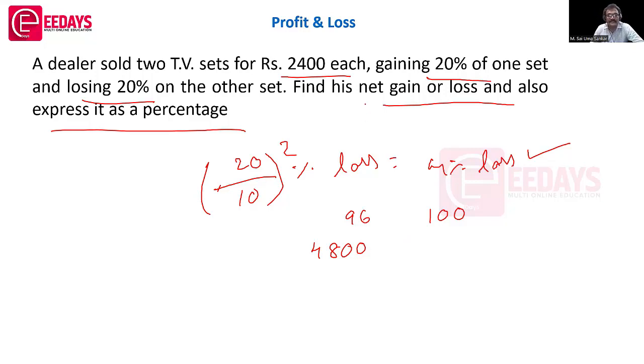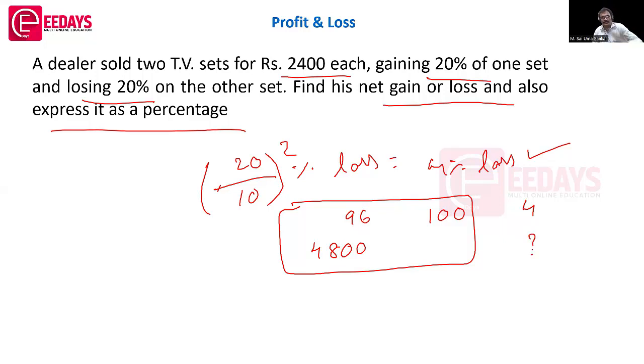ఇప్పుడు మనకు కావాల్సింది ఏంటి? Find his net gain or loss. ఇది కూడా మనకు అవసరం లేదు. యాక్చువల్గా డైరెక్ట్గా ఇక్కడ మనకి 4 ఎంత అవుతుందో మనం క్యాలిక్యులేట్ చేయొచ్చు. సో 4 అయితే ఎంత అవుతుంది? 96కి 4800 అయితే 4కి అయితే ఎంత అవుతుంది? No need to calculate the cost price. ఇక్కడ ఏంటి? మనకి 96 నుంచి ఇదేంటి? దట్ ఈస్ ఈక్వల్ టు how much, into 50, or not? 96 into 50, and then 96 into 5 is 480, 50.